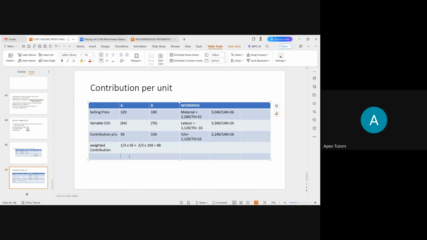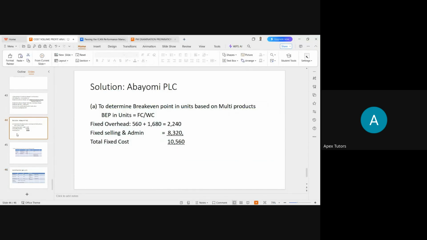So the break-even point in units will be what? The formula is fixed cost divided by weighted contribution. The fixed cost we solved for is what?